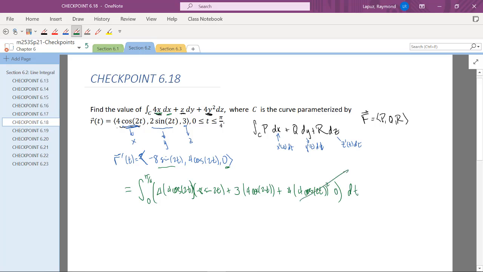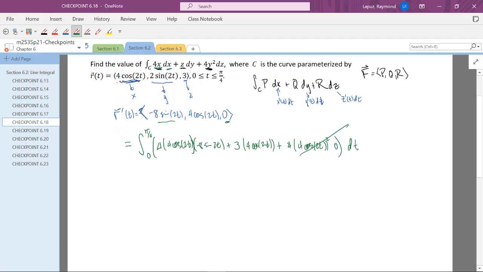Okay, this term is gone because of the 0, and now we just have a couple of integrals to work out. This is going to be the integral from 0 to pi over 4. Let's say this is 4 times 4, 16 times 8. 8 times 6 is 48, carry 4.